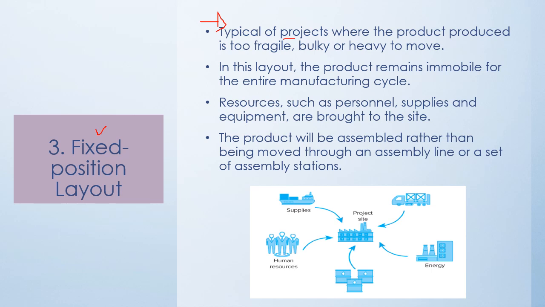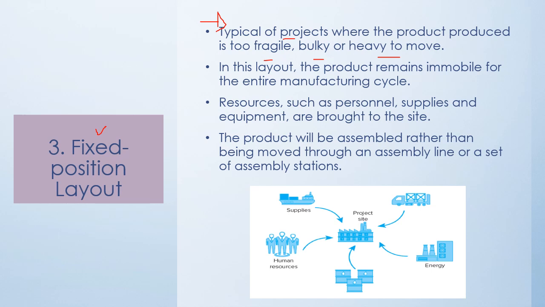Okay. Why? Because in a project, the product produced is too fragile, bulky and heavy to move. So project ni adalah yang mana melibatkan output yang besar dan berat dan tidak mudah untuk dipindahkan dari satu tempat ke satu tempat.